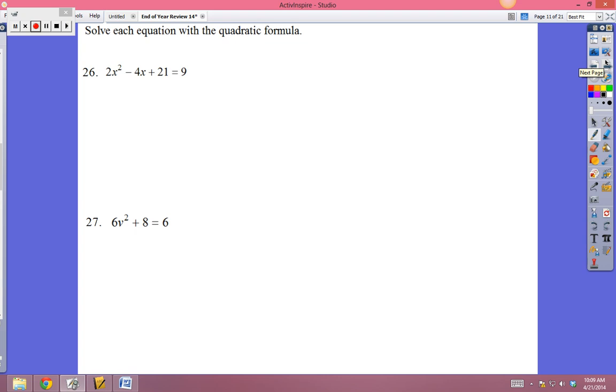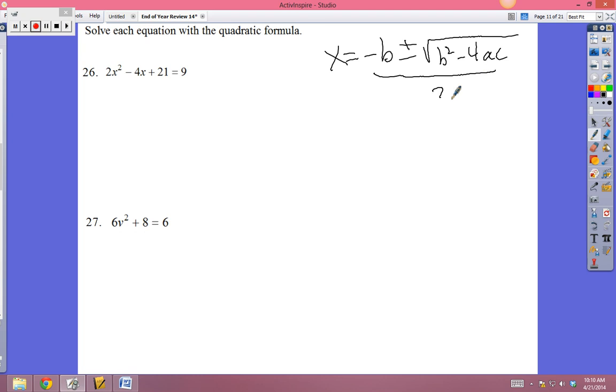Okay, the quadratic formula. So we're going to give you some quadratic functions. Let's use the quadratic formula. The quadratic formula, x equals negative b plus or minus the square root of b squared minus 4ac, all over 2a.